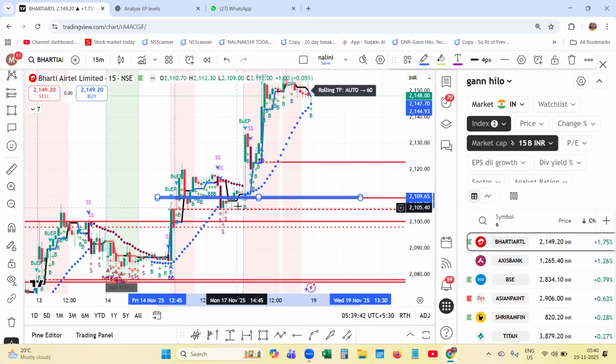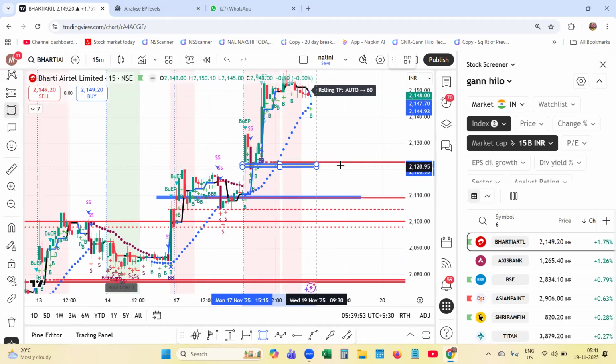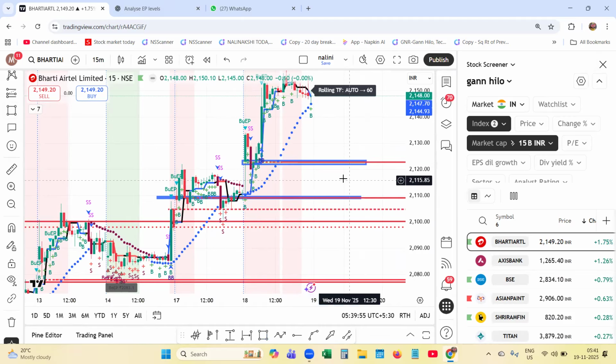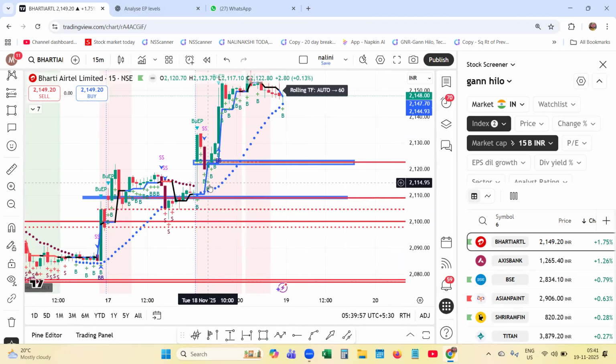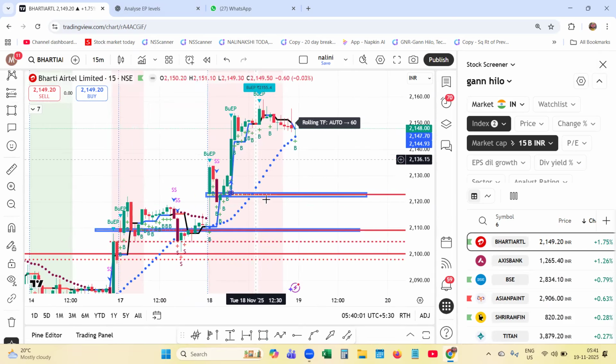On 18th, it crossed this resistance, and this was another intraday resistance. So it came down and it managed to, these are the reference points. Resistance have been turned into supports.